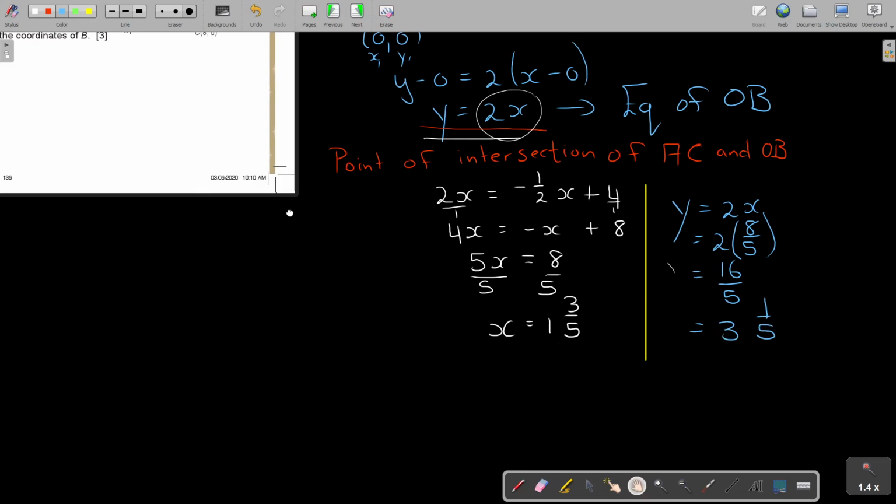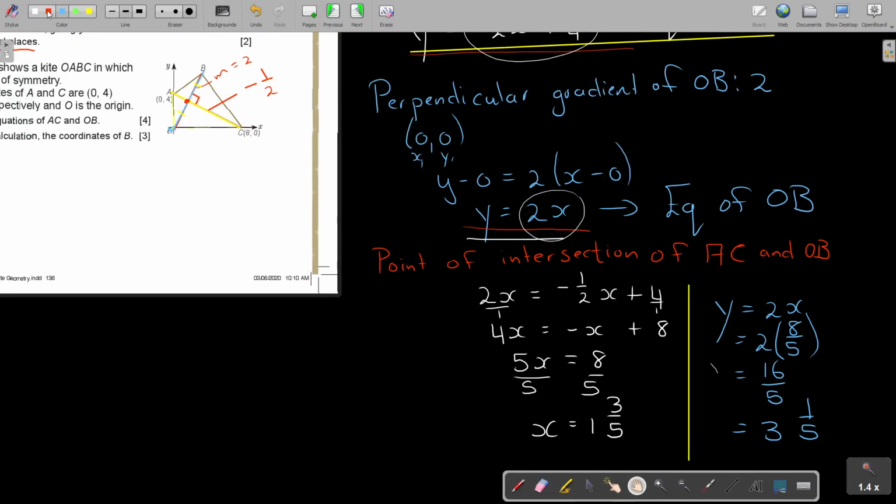So what I'm showing you here is that point. Let's just call it M. If that is 1 and 3 over 5 and 3 and 1 over 5, what does it mean? It means here it's 1 and 3 over 5, and here it is 3 and 1 over 5. Why do I need that?